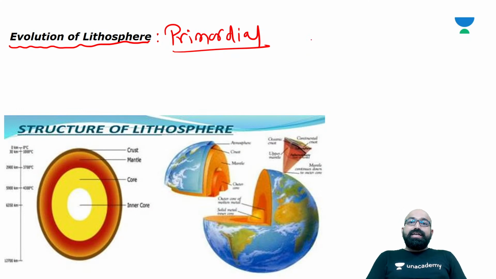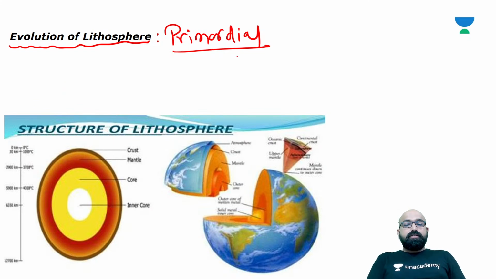Due to the gradual increase in density, the temperature inside has increased. As a result, the material inside started getting separated depending on their densities.